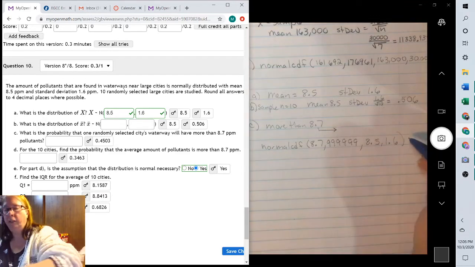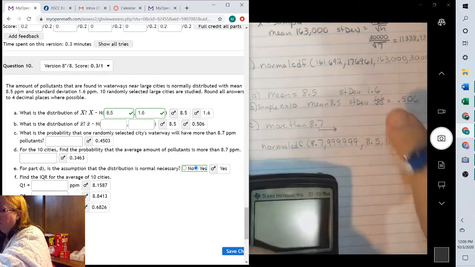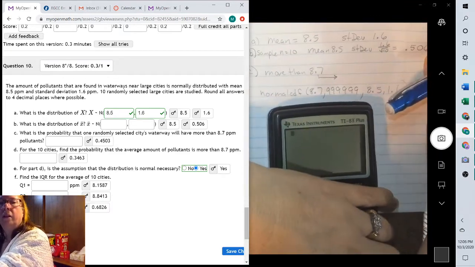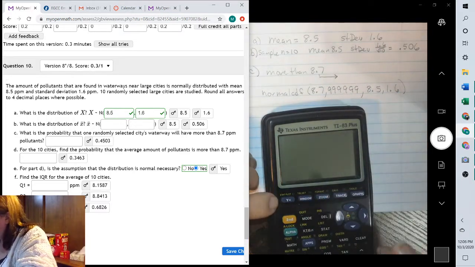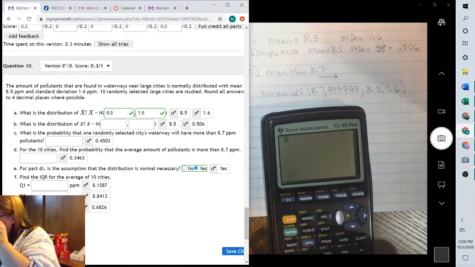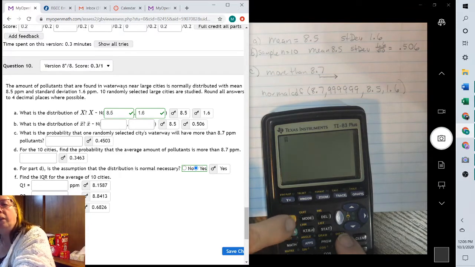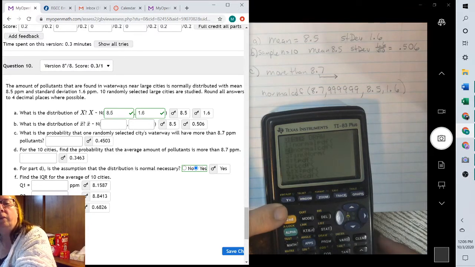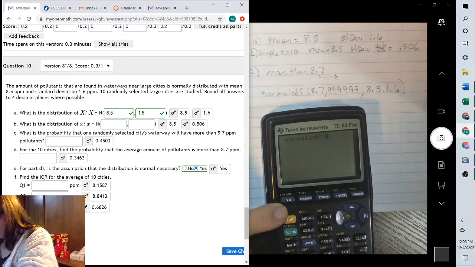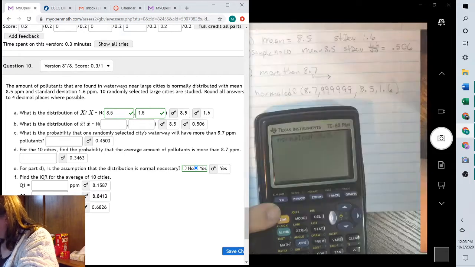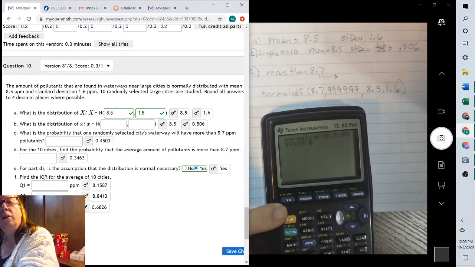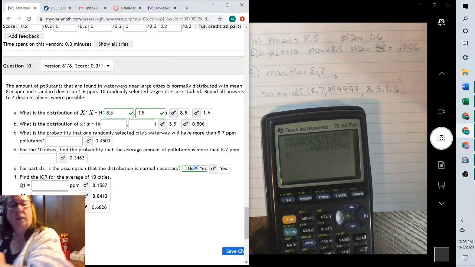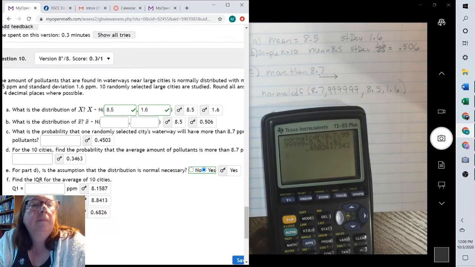And if you plug that into the calculator, under distribution, second distribution, and it's the second one down, and then it's 8.7, comma, bunch of 9s, comma, 8.5, comma, 1.6. And there's this one.